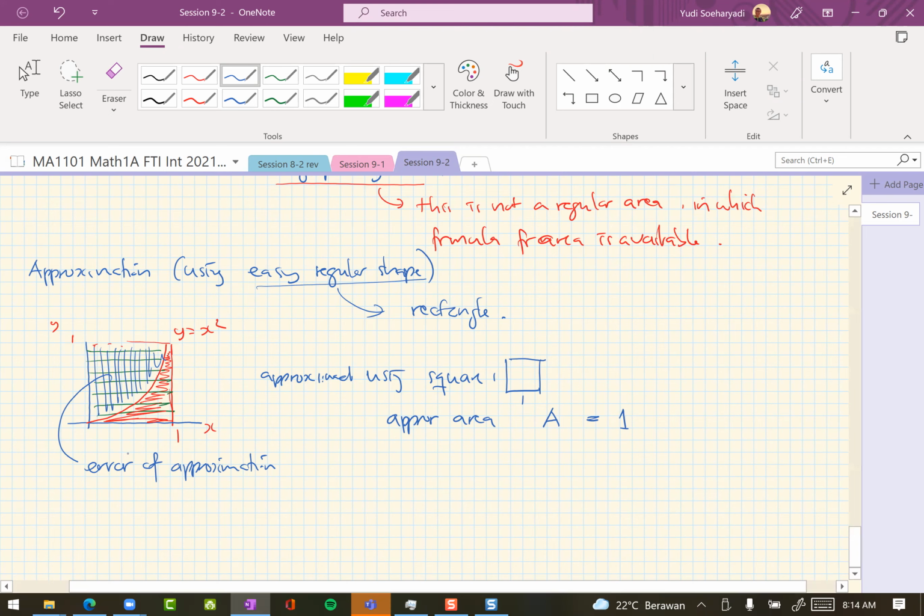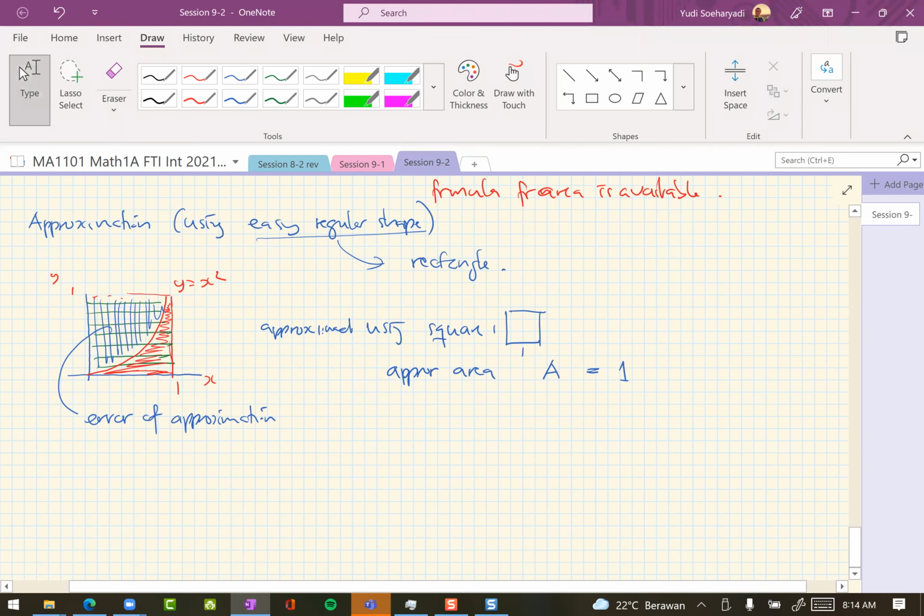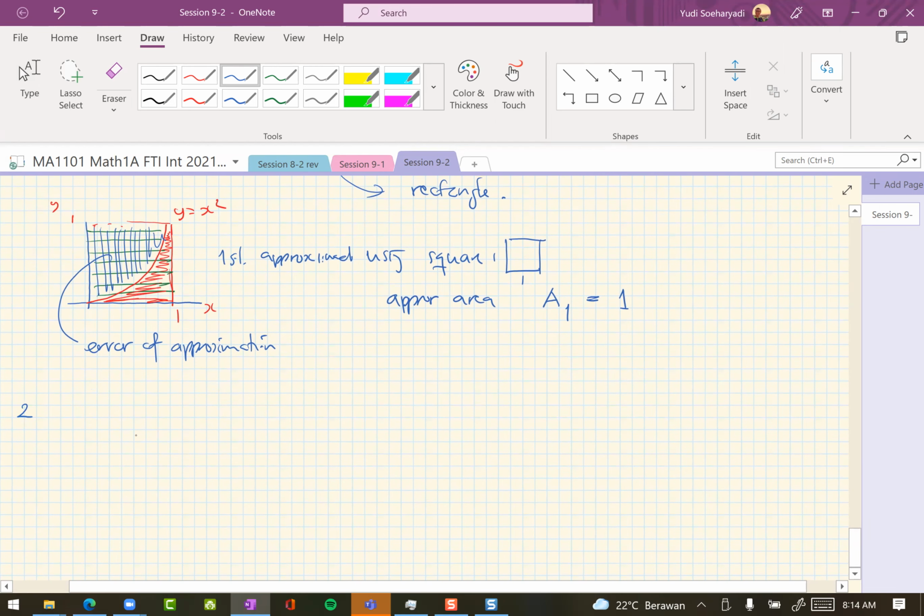Can we make an improvement? So this is just the first approximation. Let's define a second approximation.